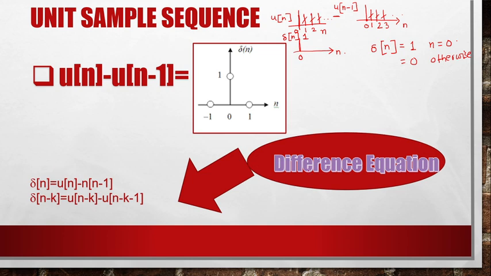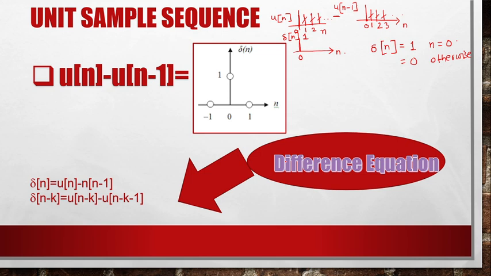This will be called a difference equation. This is very important. In the continuous domain we know that there is a relation between step and impulse: integration gives us the step from the impulse, and from the step you can get the ramp. One signal is associated with another through integration or differentiation.